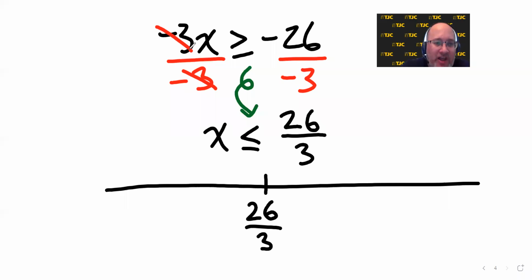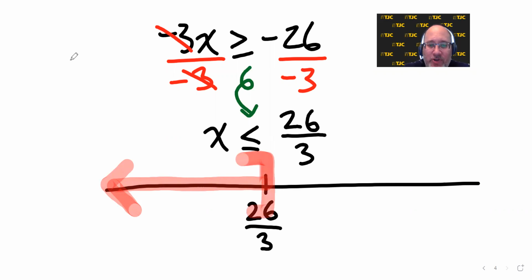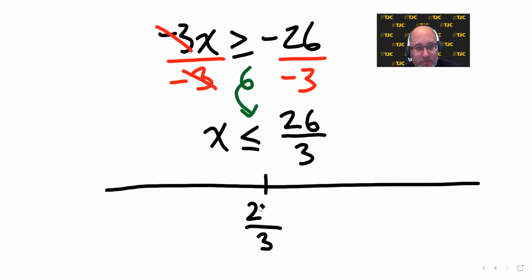If we shade to the left, because it says less than, we'll be over here. And on the 26/3, we would need a bracket because it says less than or equal to. I just ran right into the 26/3 on the bottom. Let's see if I can clean this up just a little bit.